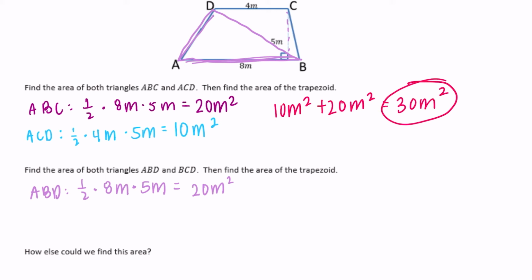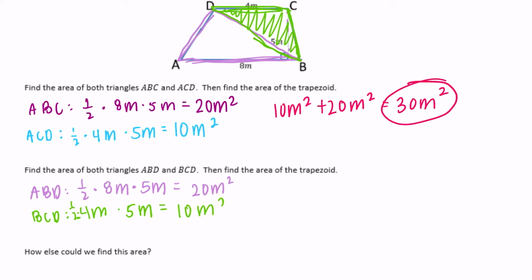And then we have BCD. So BCD is this triangle right here. So the length here is 4 meters. 1/2 times 4 meters times the height here is 5, which would give us 10 meters squared.